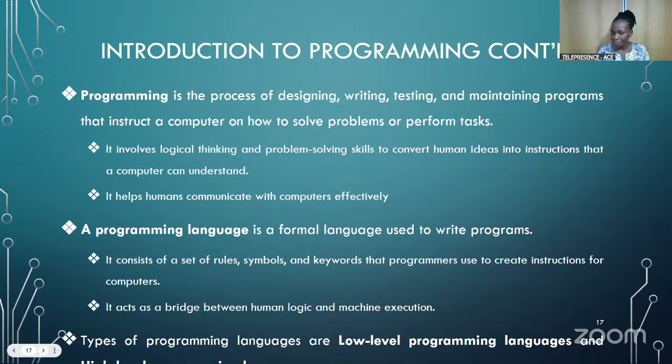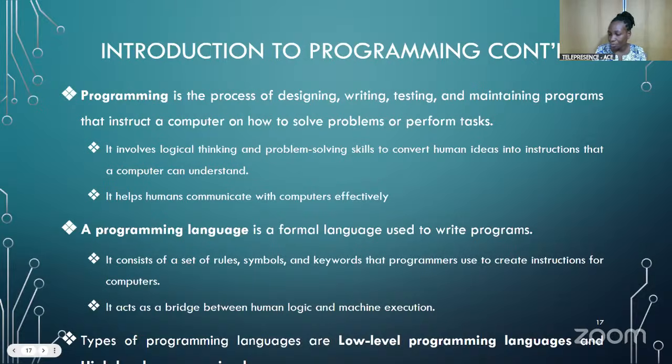Now, programming, there's a change in part of speech. Programming is the process of designing, writing, testing, and maintaining programs that instruct a computer on how to solve problems or perform tasks.